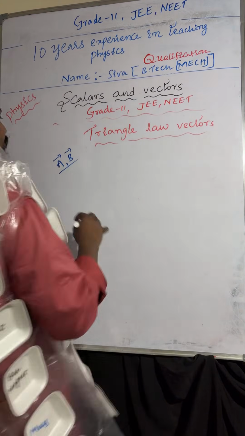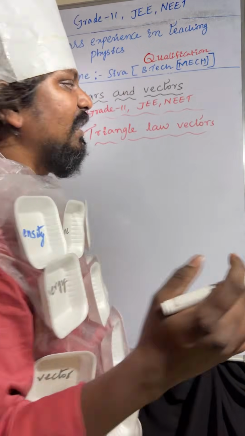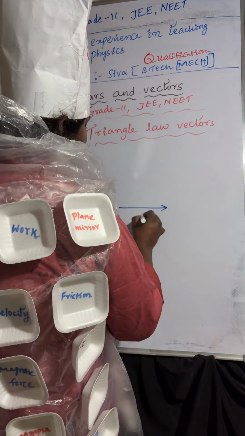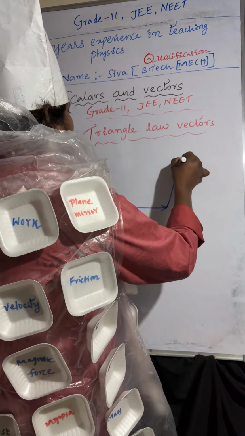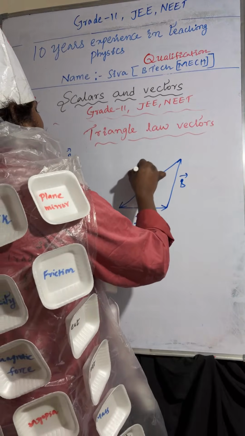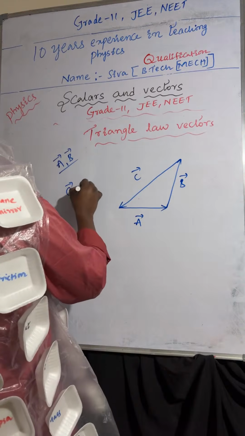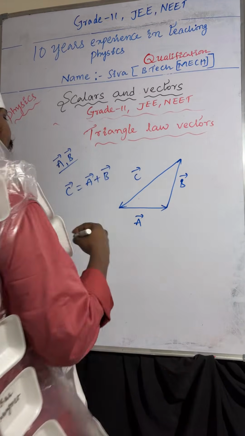I am taking a bar and b bar, these are the two vectors, acting along the two sides of the triangle. This is a bar, this is b bar, and along the third side is the resultant of the vectors, that is c bar. So c bar equals the resultant equals a bar plus b bar.